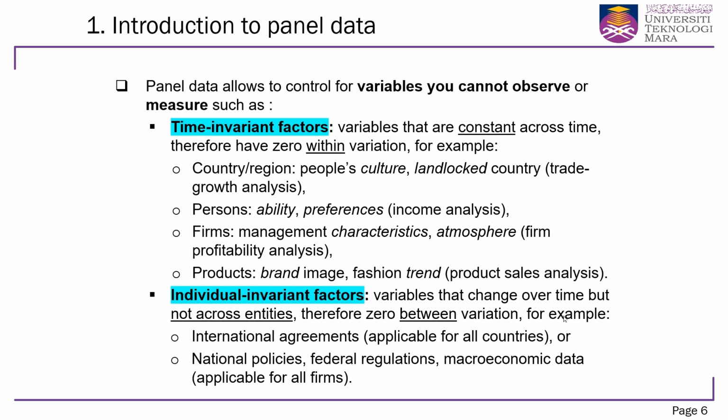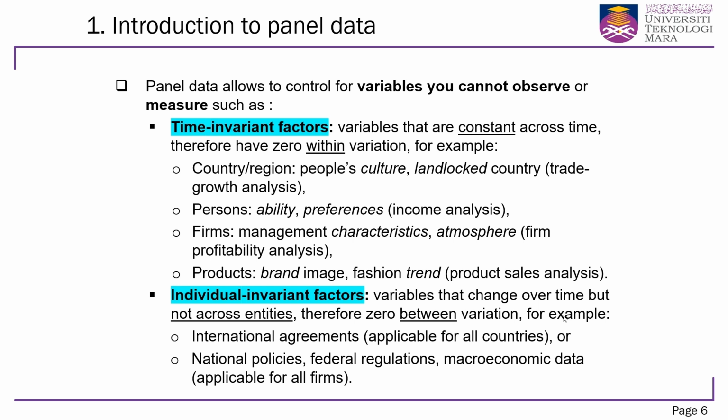The variables that we have in the data just now, y, x1, x2, x3, are the observed variables, so we can clearly see the variation. But there must be unique characteristics belonging to the countries in the data, like Australia and Russia, for example. Of course, the culture, the status of the country, whether it is a landlocked country or not.